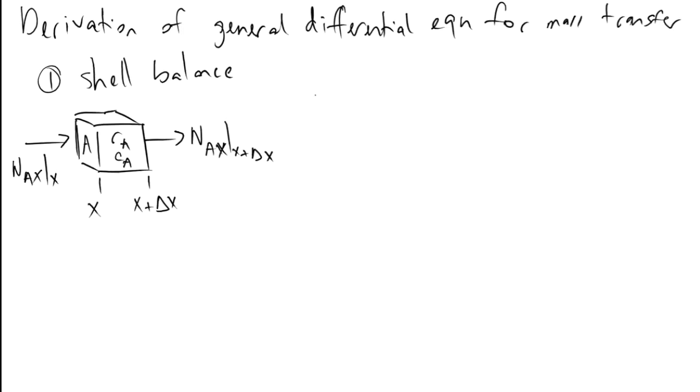And what we will do now is go to our mole balance, which tells us that accumulation is equal to in minus out plus generation and consumption. And because we are not operating at steady state, we cannot get rid of the accumulation term.